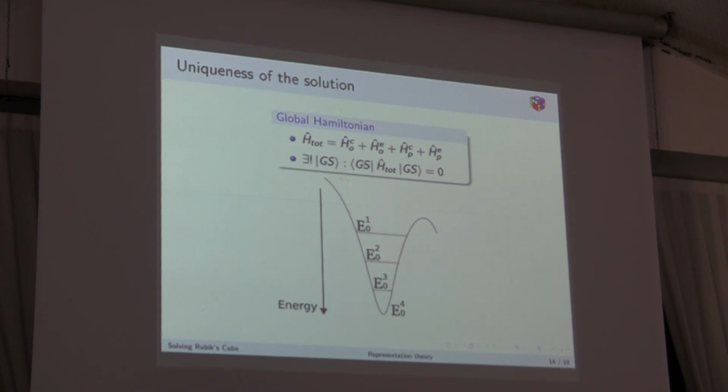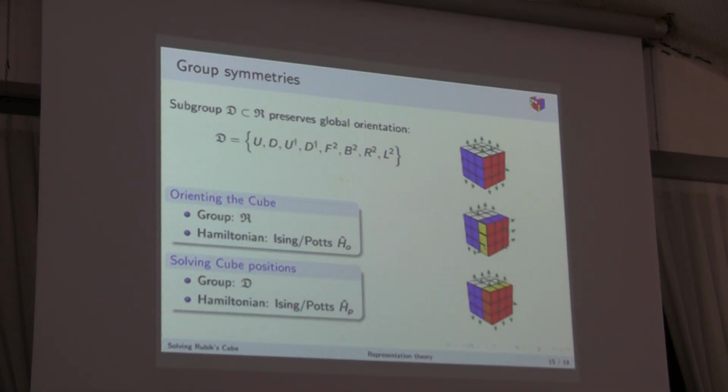So the problem was, can we solve each single Hamiltonian, which means finding the ground state for each of them, and thereafter find the ground state of the next without affecting the ground state of the previous one? Can we go on to find the ground state of the next without moving away from the ground state of the previous one? The answer is yes, because of the group symmetries from Rubik's group.